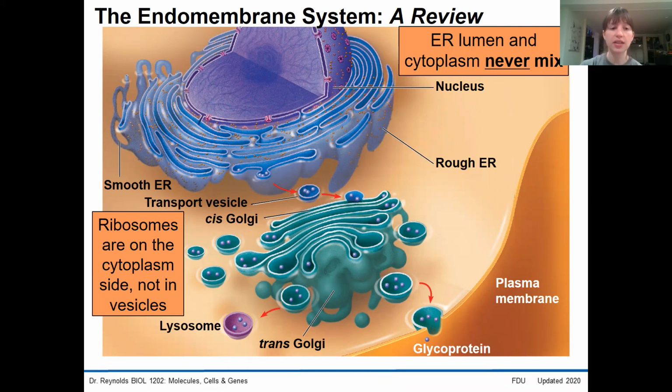So something that's made inside of this ER, say here, is going to become an interior component of this vesicle. And then when this vesicle actually merges with the Golgi, it stays luminal, it stays interior. So something that's cytoplasmic stays cytoplasmic, and something that's internal stays internal.